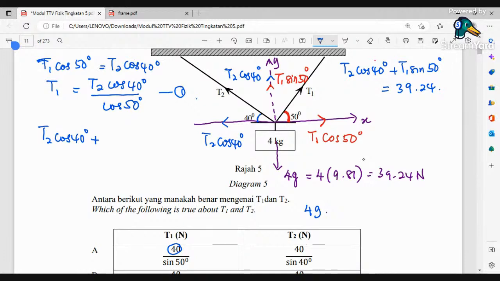This one cannot be solved so easily. So just substitute T1. I think there's no answer, but you must try.